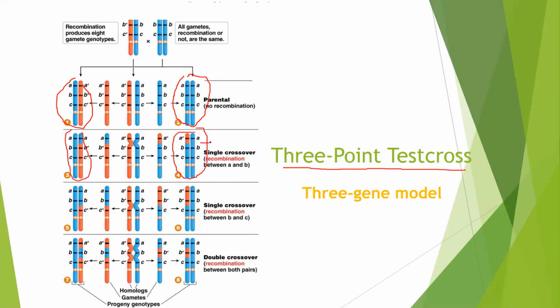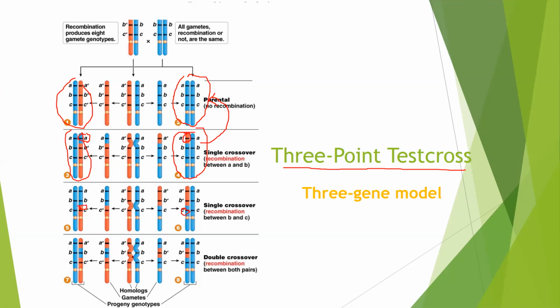If you compare this one with the parental type, only A has been changed. The same thing on this side. If there's a crossing over between B and C, and you compare this progeny with the parental type, only C has been changed.